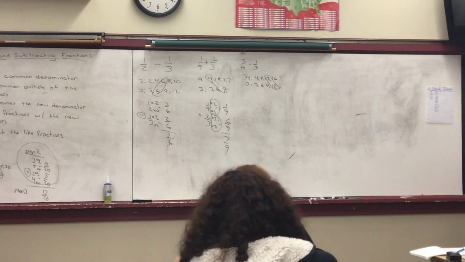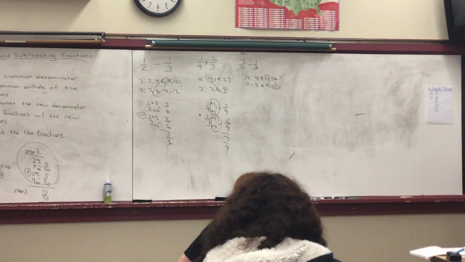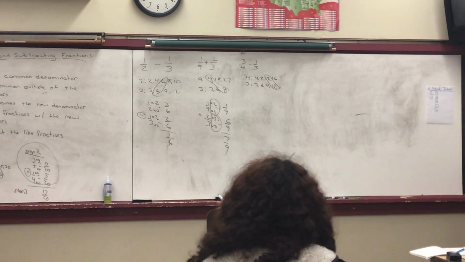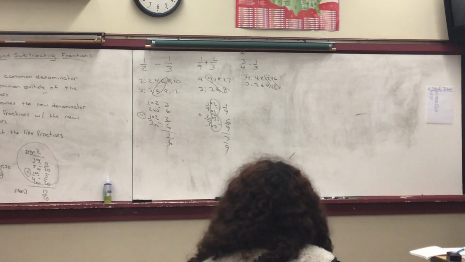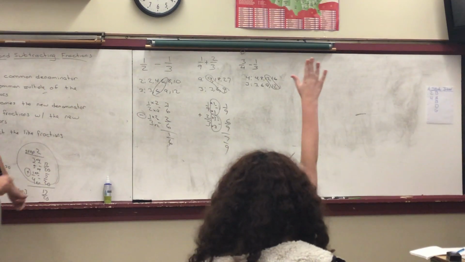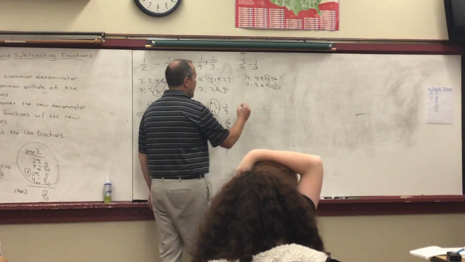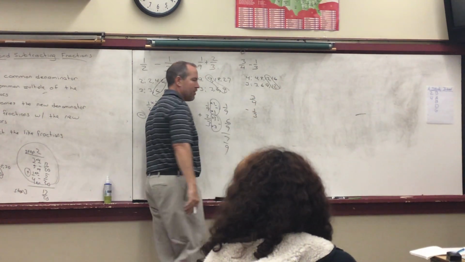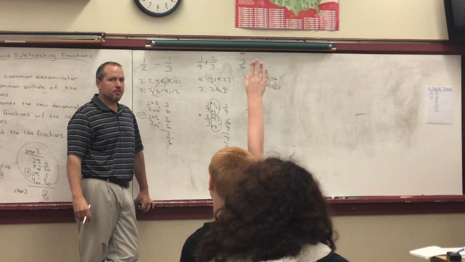Write the problem up and down. Okay, let's stop. Let's see where we're at so far. What's the next thing we should do? Ted? Write the problem up and down: 3/4 minus 1/3. What's the next thing we should do? Trent?